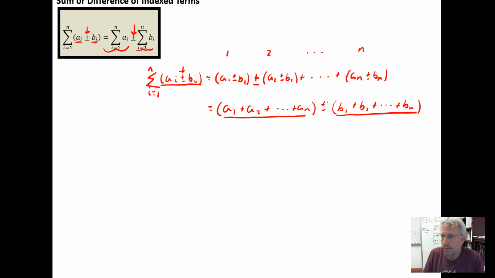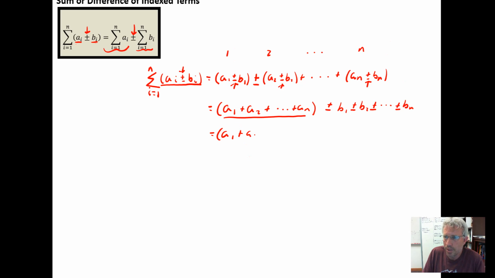And then you're going to have a plus or minus. If we're being a little bit careful here, you're going to have plus or minus b sub 1, plus or minus b sub 2, plus or minus dot, dot, dot, plus or minus b sub n, because there's a plus or minus in front of all of the b sub i's.